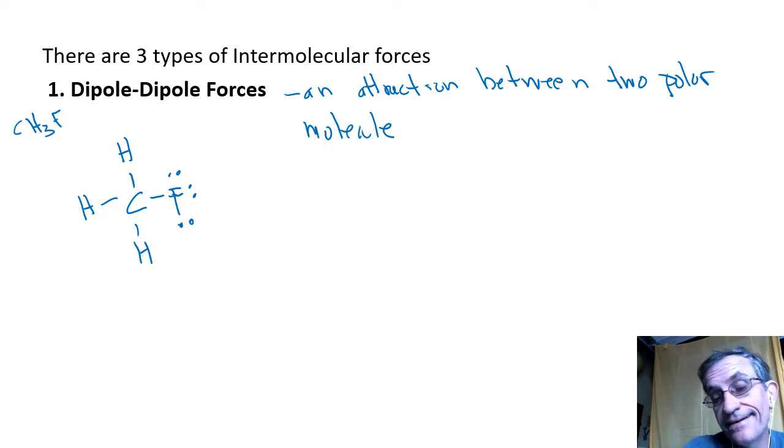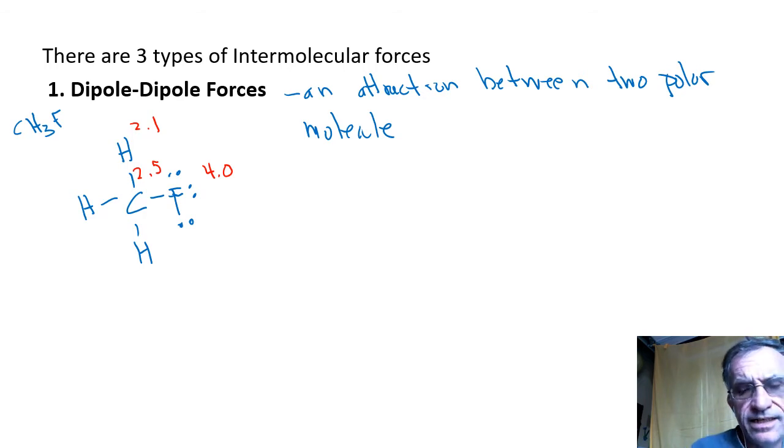Well, first thing you've got to do is look up the electronegativities. I'm not going to put up the table. Let me just tell you, if you looked them up, fluorine is 4, carbon is 2.5, and hydrogen is 2.1. In all polar molecules, there's a polar bond.